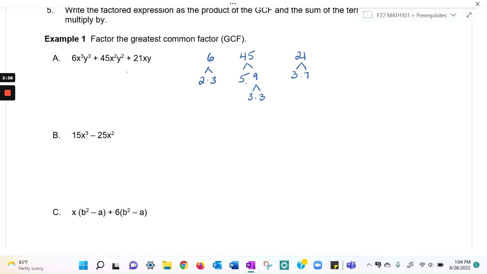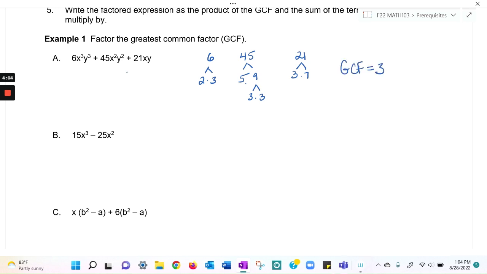And so we can see what's common to all three of these is really just a 3. So our GCF is going to have a coefficient of 3. And looking at all three terms, just x is common and just y is common.